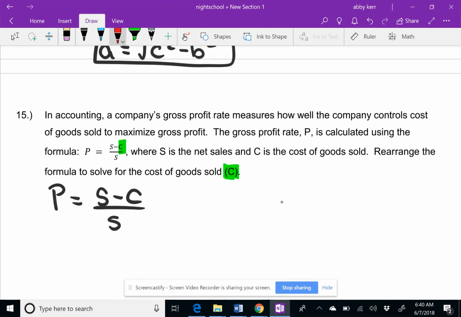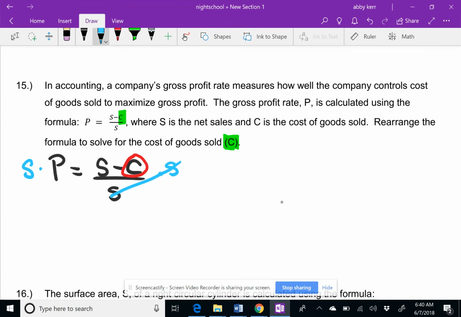One thing that I've noticed with my students, they want to attack the C first. They want to deal with it first, but you can't because there's something in the denominator. So you have to take care of the dividing by S. To undo dividing by S, we multiply by S. That takes care of the denominator.